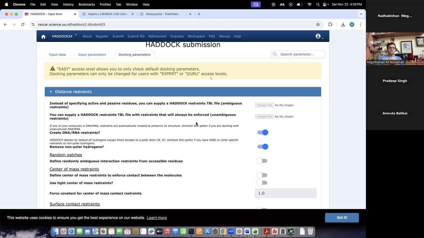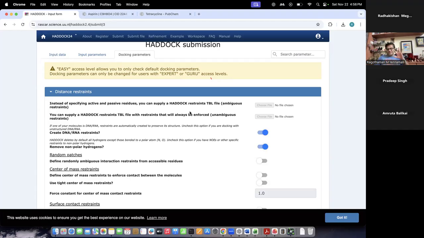Usually the clusters are ranked in terms of z-score, so cluster 1 is most probably the result that you want to consider. You can download the entire cluster or only that particular model.